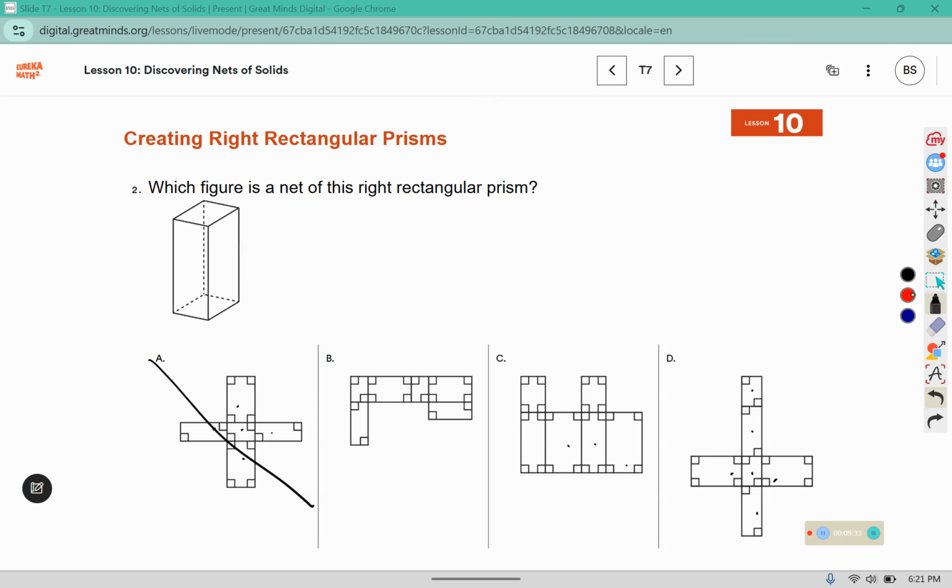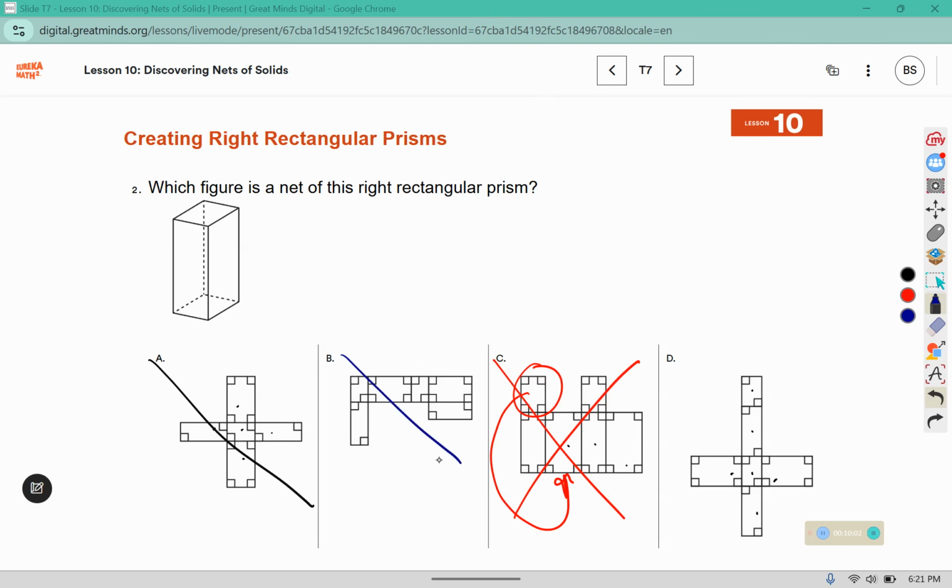However, you may notice that these 2 pieces out here are on the same side. We would need one of them to be over here in order for it to fold up for the other end. So C is not a net. If we were to fold these pieces together, these 2 would overlap and we'd have an open section here.